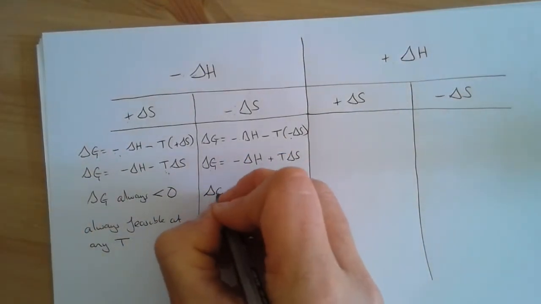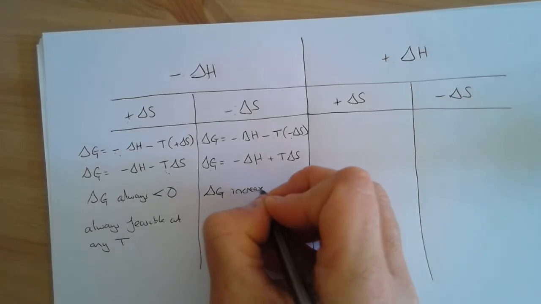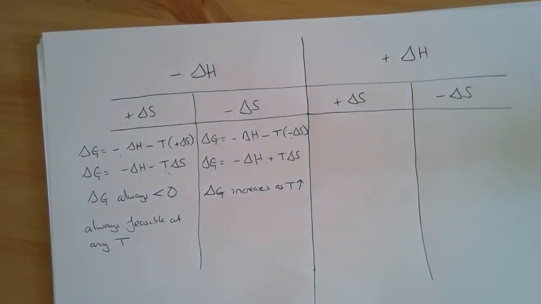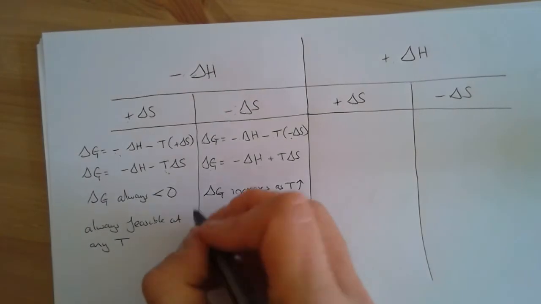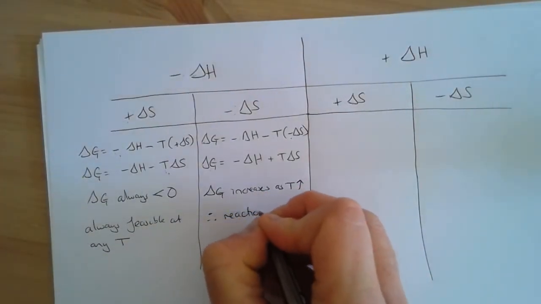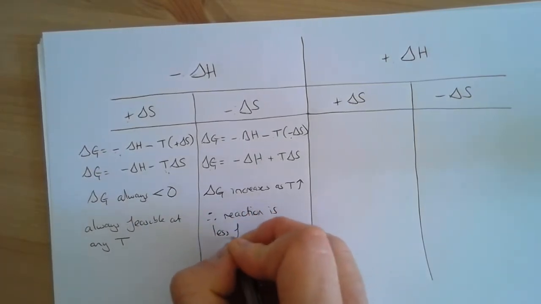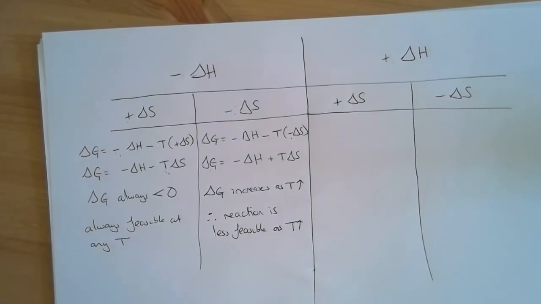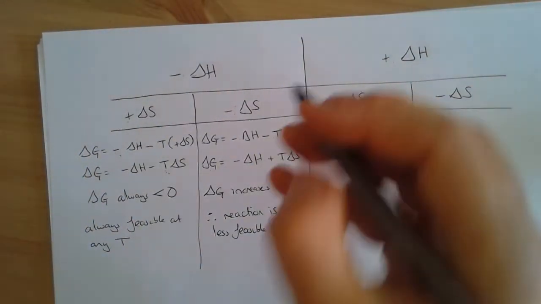So delta G increases as temperature increases. Remember that as delta G increases, the reaction is going to become less likely, and we'll get to a point where delta G becomes greater than 0, and therefore we can say that the reaction is less feasible as temperature increases.